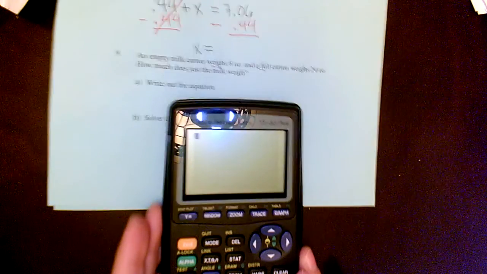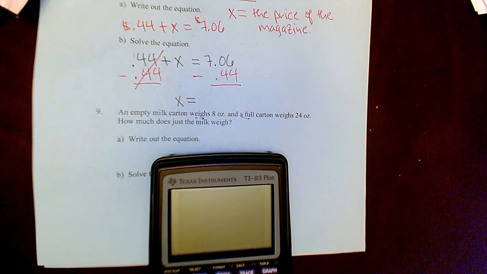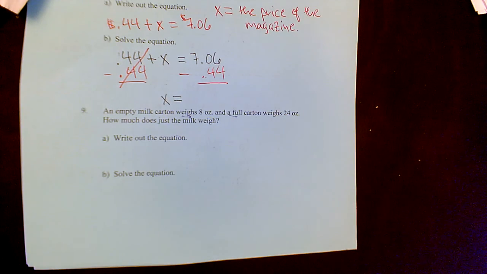Let's do that again. 7.06 minus 0.44. Enter. I get $6.62. And remember, the point is just below the 2. So I get $6.62.